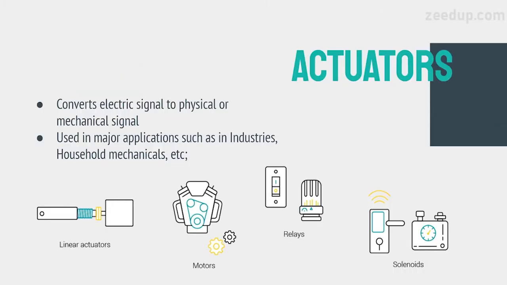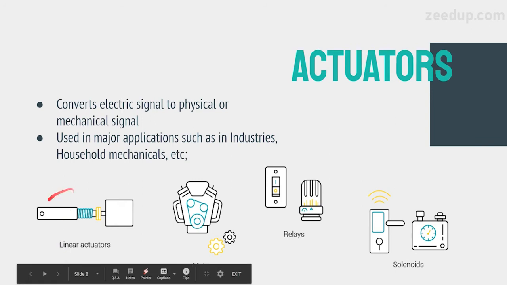I also want to tell you about the actuator, since we have covered the sensors part also. An actuator is nothing but a part which converts an electric signal to a physical or mechanical signal. Usually an electric signal is transmitted as a physical signal. This is an example of a linear actuator.